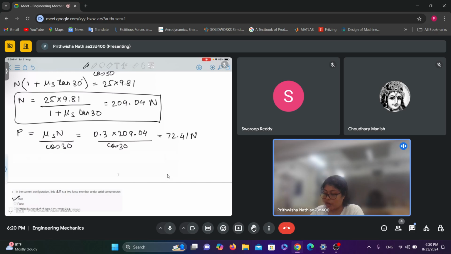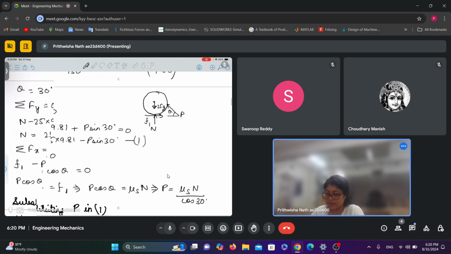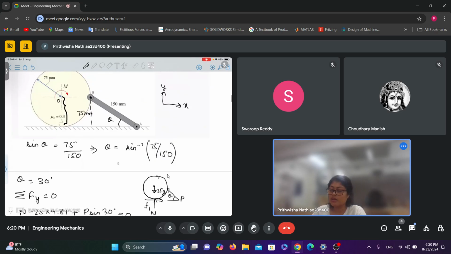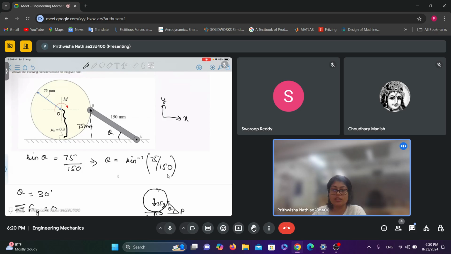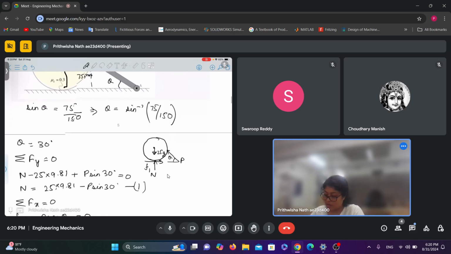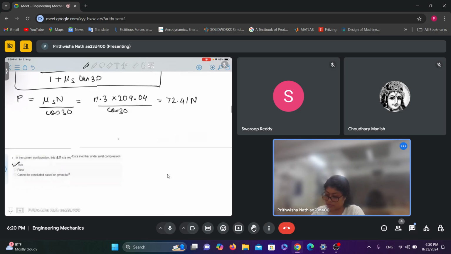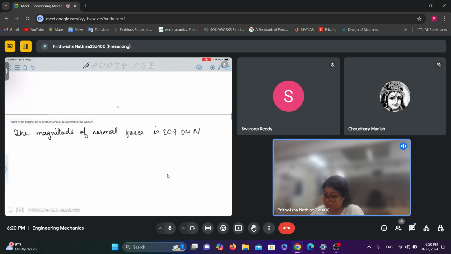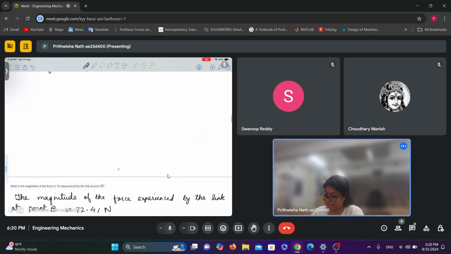So in the current configuration, link AB is a two-force member under axial compression. That you can see only from this figure, that this member is under axial compression. So this is true. Now for the second part of the problem, the normal force we already calculated.